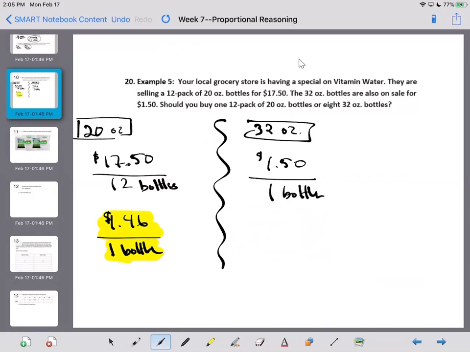Really it comes down to preference. But here you've got $1.50 for 1 bottle, and you're going to buy 8 of those. So $1.50 multiplied by 8, and you've got $12 you're going to spend.